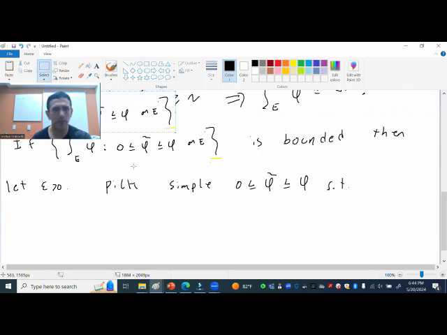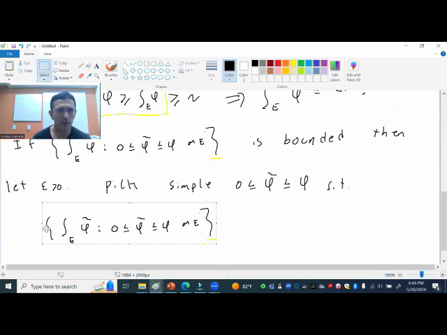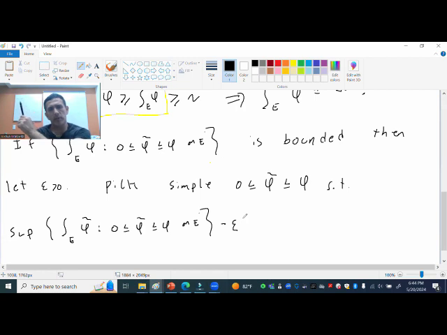I'll explain it in a minute. Okay, so right, supremum is the least upper bound. Subtract epsilon, that's no longer an upper bound, so I can always pick a phi tilde where this is true.